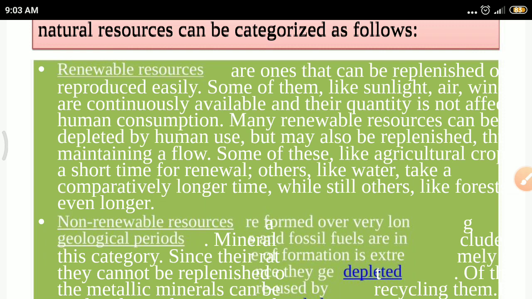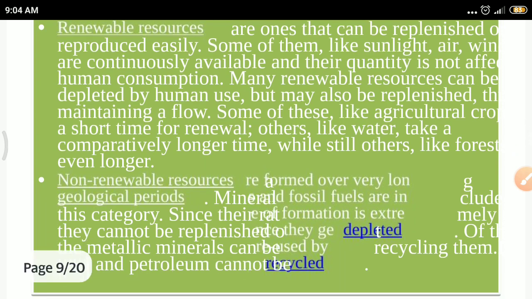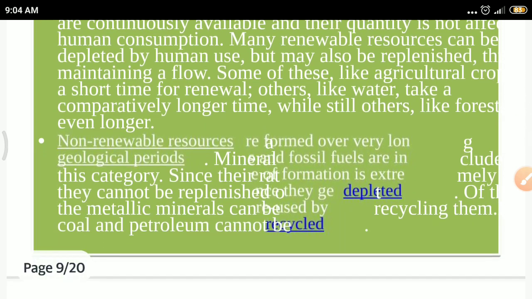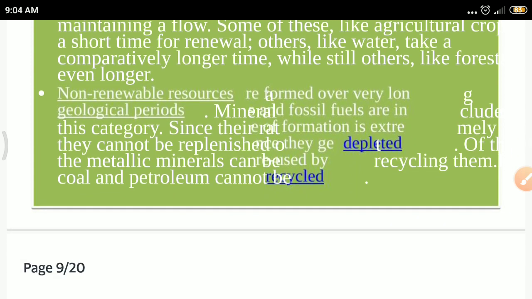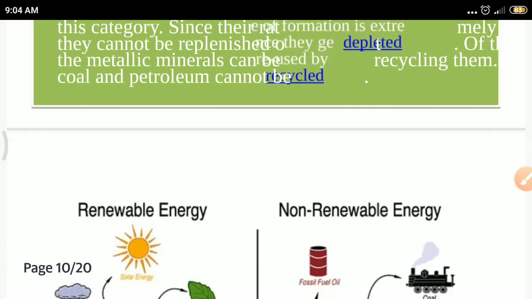Some of them, like sunlight, air, wind, can be used again and again, so they are called renewable resources. Non-renewable resources means what? These are formed over a long geological period of time. If we use those resources, they may be depleted from nature. Those resources are called non-renewable resources.